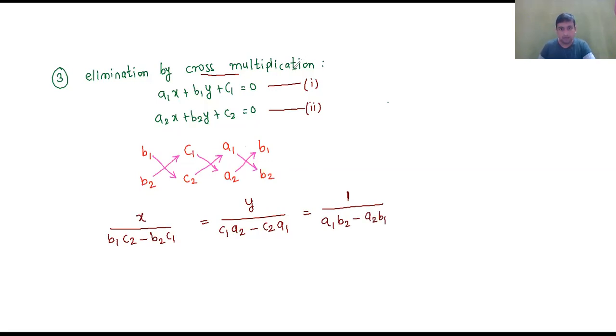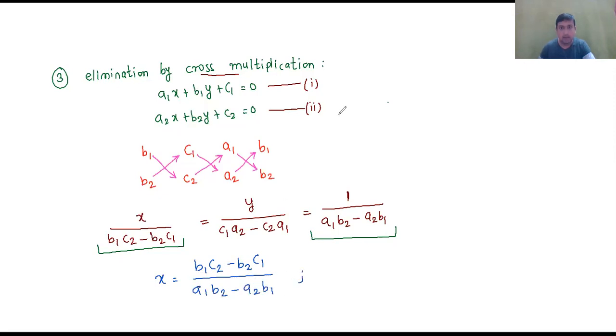Now to get x, first equate this term and this term. So we can write x is equal to, if I do the cross multiplication, b1 c2 minus b2 c1 divided by a1 b2 minus a2 b1. Is it right? Now in the second case, let us equate this term and this term.